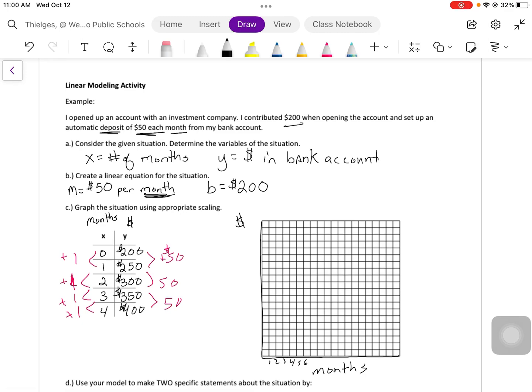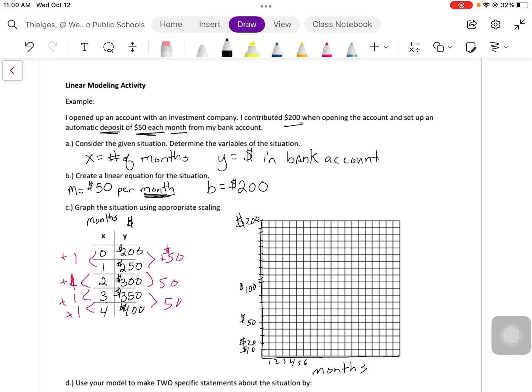There's 20 blocks, so I'm thinking maybe by tens: $10, 20, 30, 40, 50, 60, 70, 80, 90, 100, all the way up to 200.